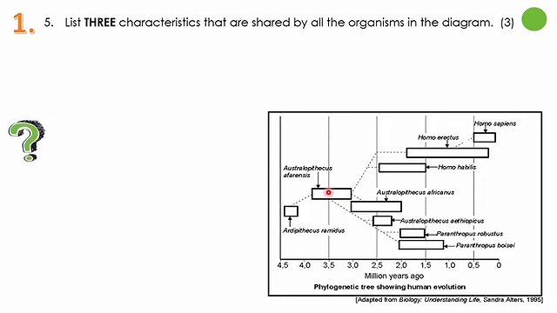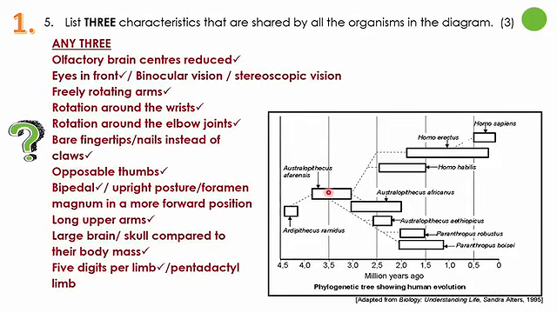Okay, question 5. List 3 characteristics that are shared by all the organisms in this diagram. Okay, so this links back to our very first slide that I discussed with you guys. So the characteristics that they share are a reduced olfactory sense, binocular vision, freely rotating arms, and rotation around the wrists.